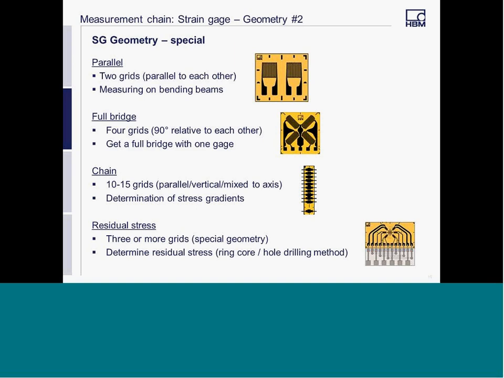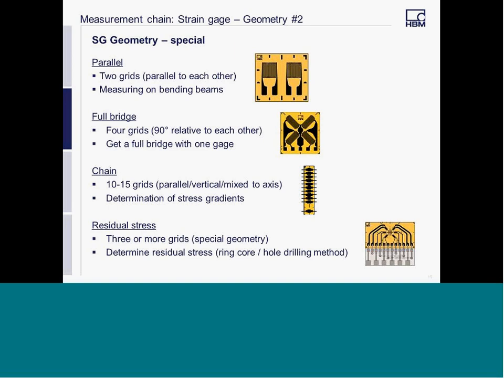Then you can have internal stresses, and you can measure that by drilling in a hole, and then the stress releases, and you measure that. So that means that is a destructive test. And these drilling machines are quite special, and also the gauges are quite special. This is residual stress. These are the special gauges. I just want to mention them to make a full picture.